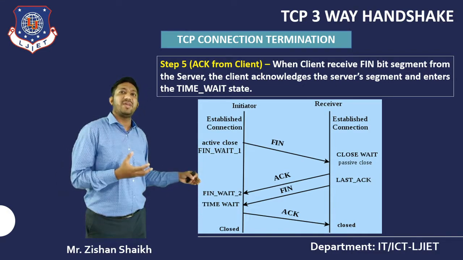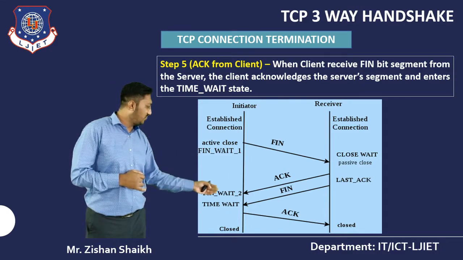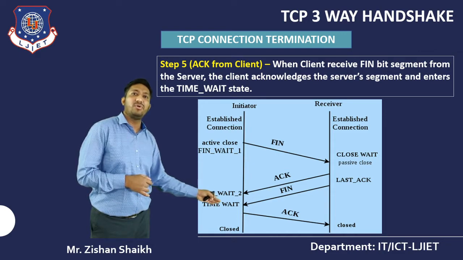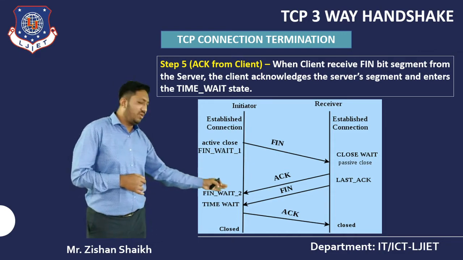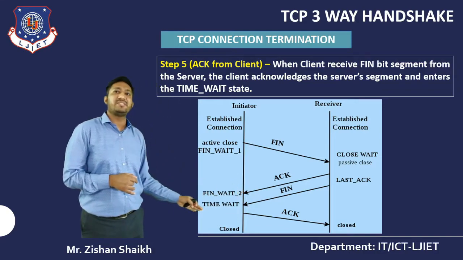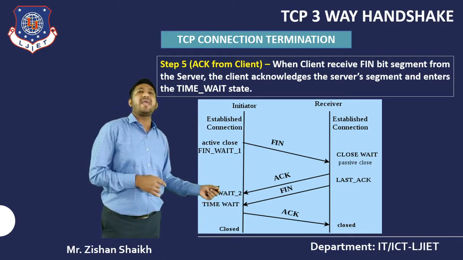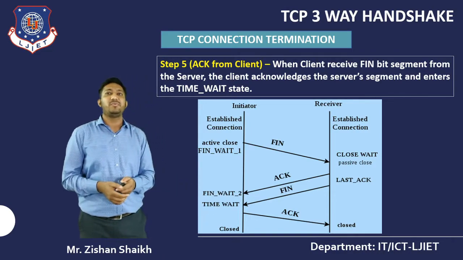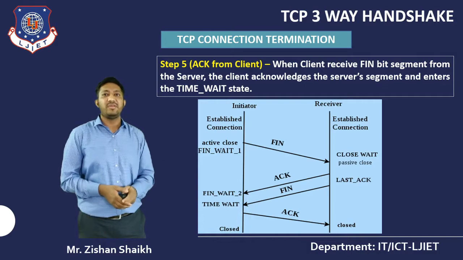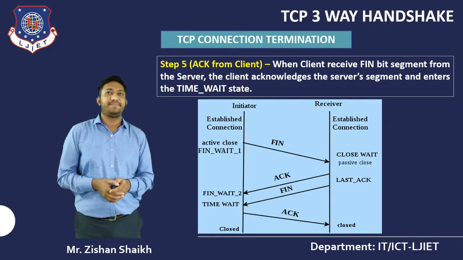Already it has sent that message, and it waits for the FIN_WAIT_2 message. In step number 4, it will receive the FIN message from the server, and in the last step it will send the acknowledgement that it has successfully received the FIN signal. So this is how TCP closes the connection.